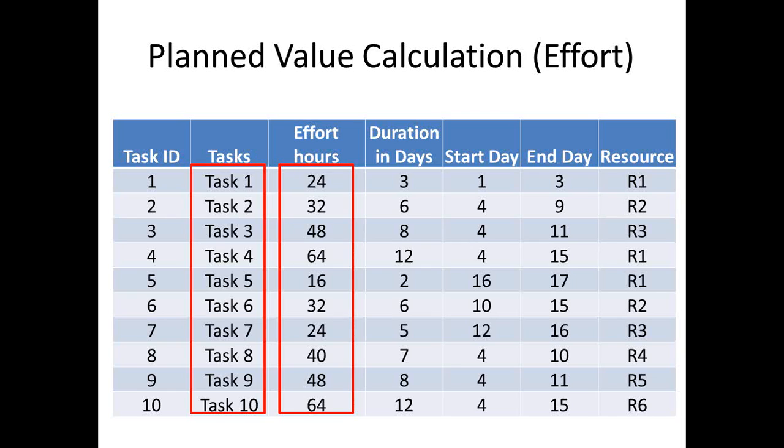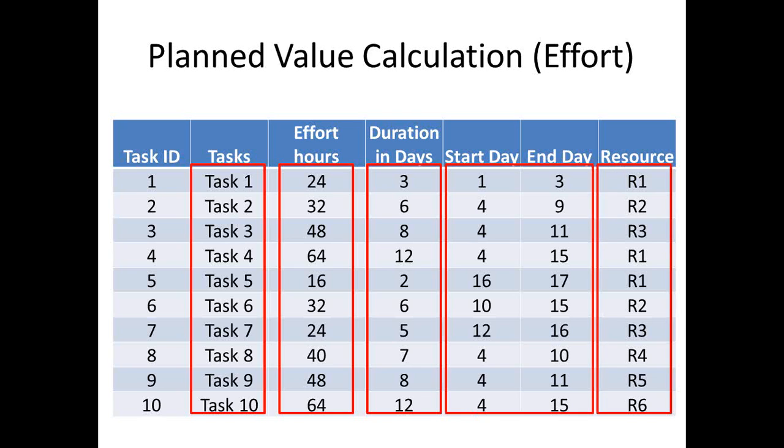If it's going to take 24 hours and the duration is 3 days, that means you're spending 8 hours every day. The start day and the end day are 1 and 3. And there's a predecessor, and a resource 1. What that means is which resources are assigned to each activity for it to be finished. That's the resource needed to finish that task. So you have duration, start and end day, and then you have resources.